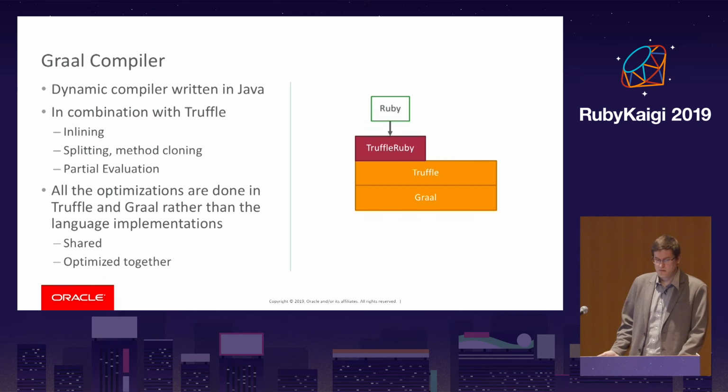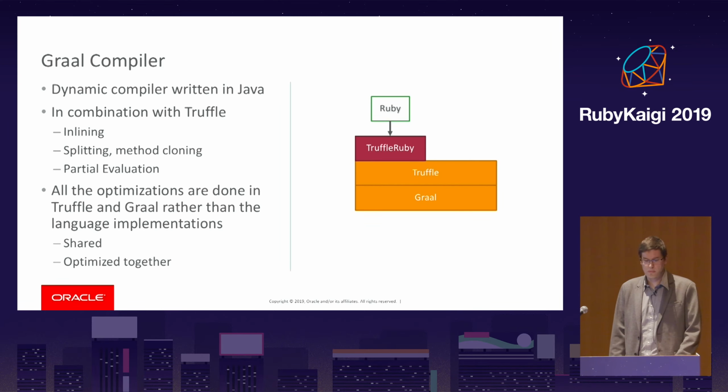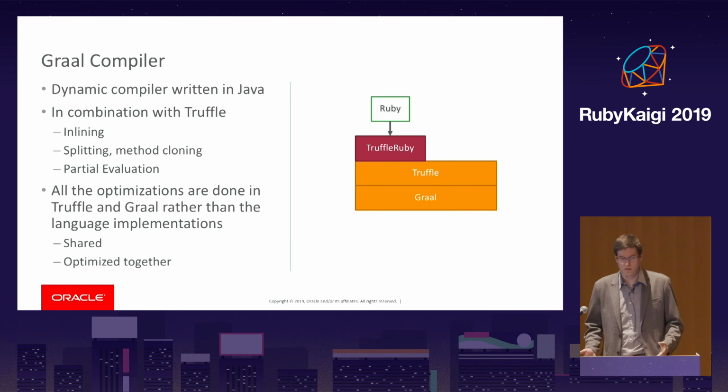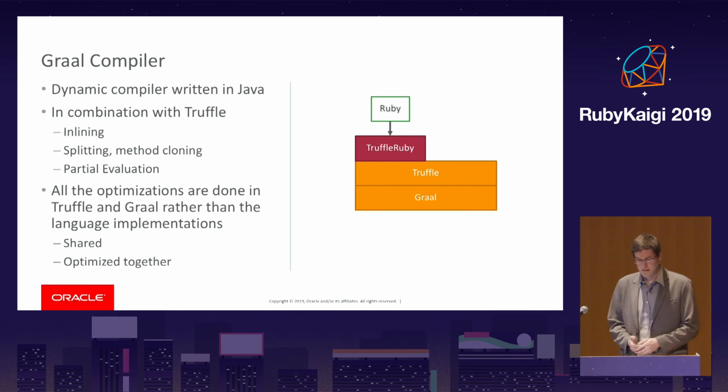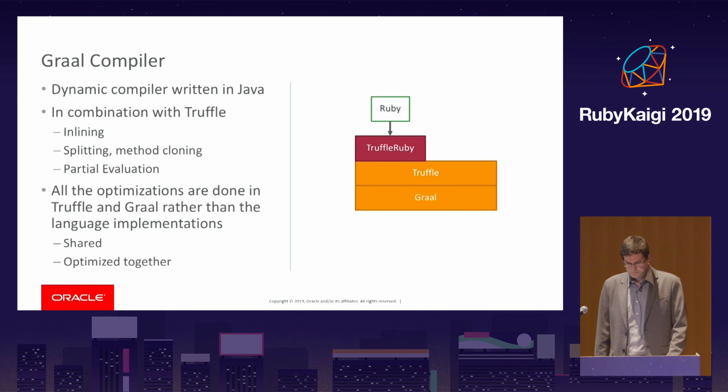To be able to do that, you need a compiler. We use the Graal compiler, which is a dynamic compiler written in Java, which means it's basically a Java library, so Truffle can directly talk to it. So in combination with Truffle, you get all the important optimizations like inlining, splitting, which is also sometimes called method cloning, and partial evaluation.